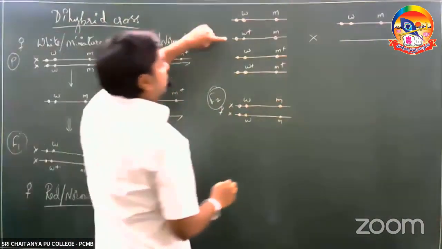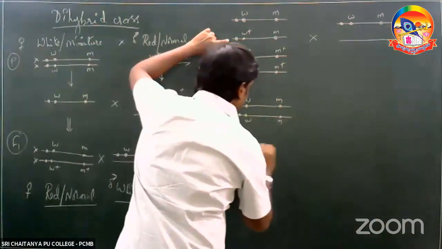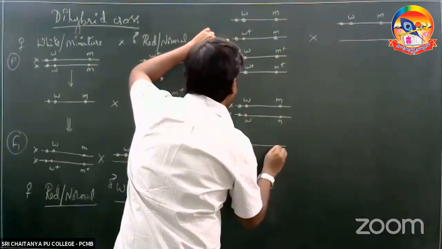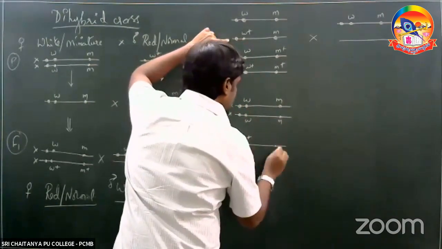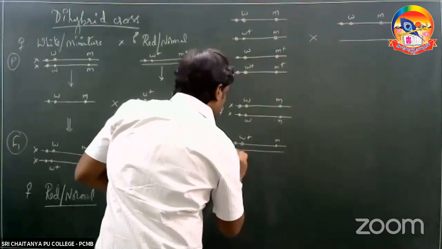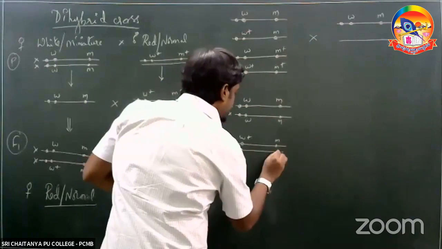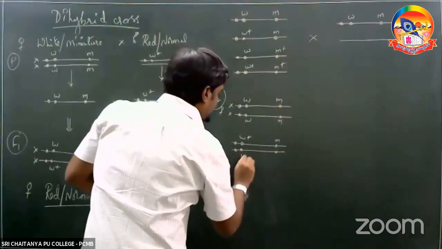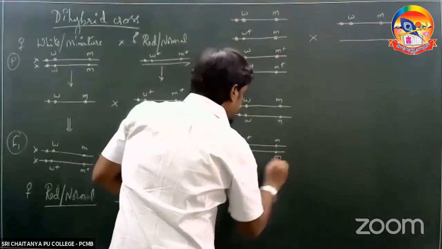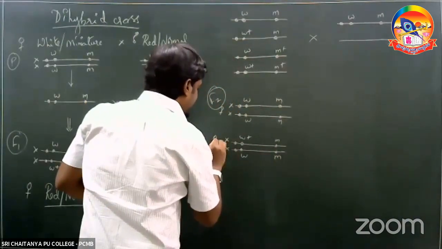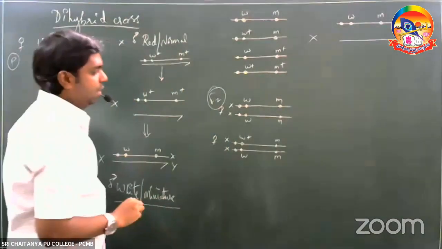The second X chromosome of the female gamete, W plus and M, would be fused with the X chromosome of the male gamete, which is W and M. Again, this is an X chromosome and this is also an X chromosome.